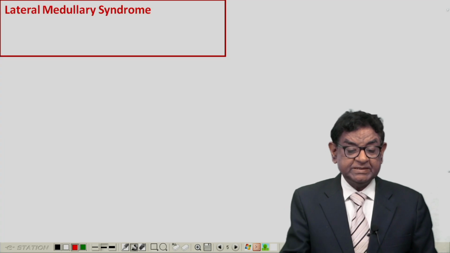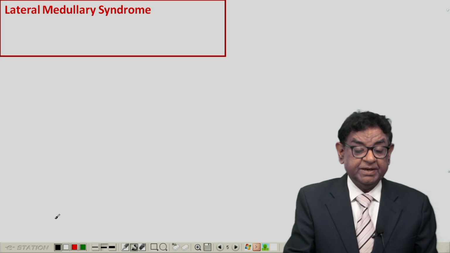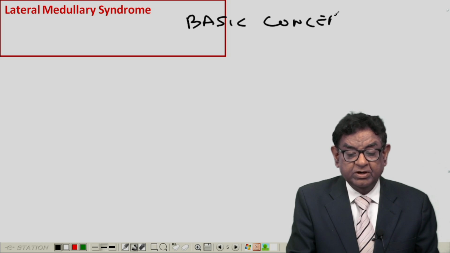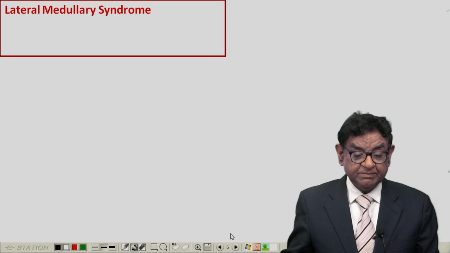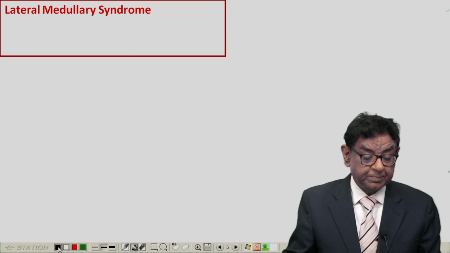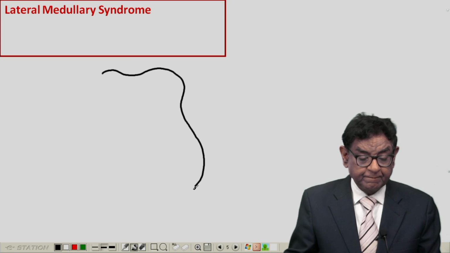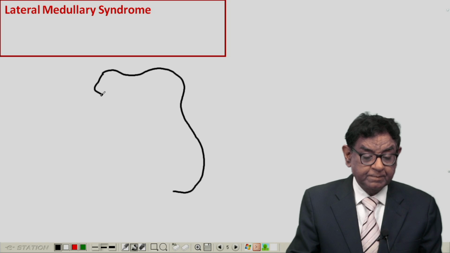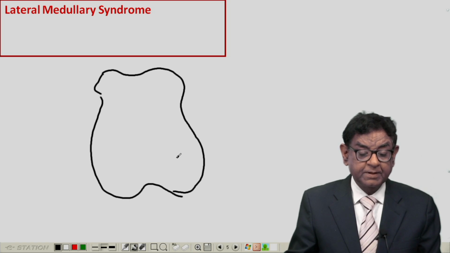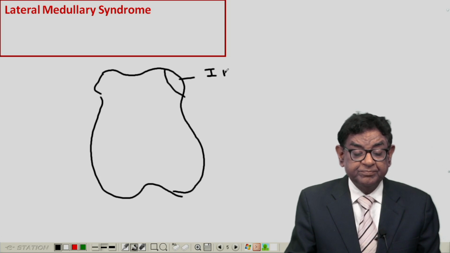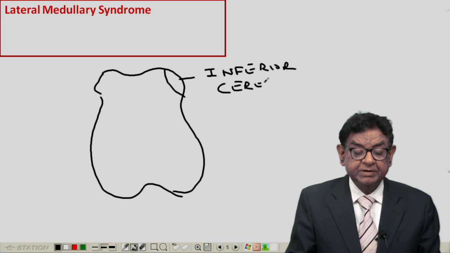Again, we should know the basic concept about the anatomy of the medulla. The basic concept goes like this. This is the inferior cerebellar peduncle.